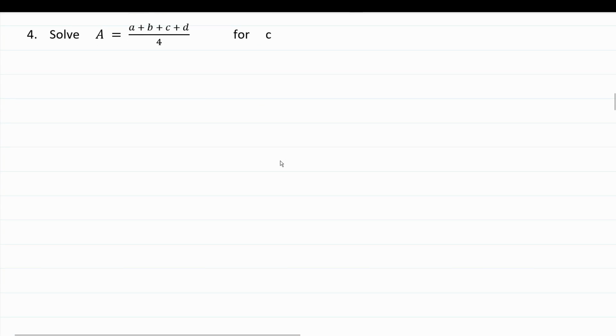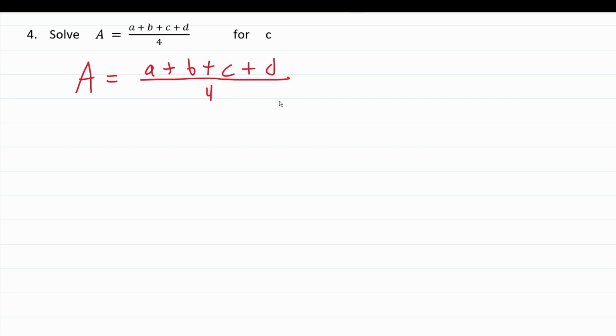Number 4 is a little more challenging. As you can see, it says solve A equals a plus b plus c plus d over 4 for c. So let's copy this one down. We have A equals a plus b plus c plus d over 4. And we're trying to solve for c at this point. Again, you could read fractions two ways.